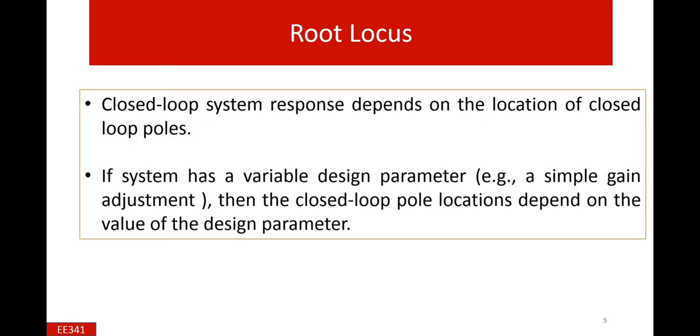The closed loop system depends on the location of the closed loop poles, and the system's design parameters are adjustable for different values of the controller and design parameters, so the location of the closed loop poles varies accordingly.